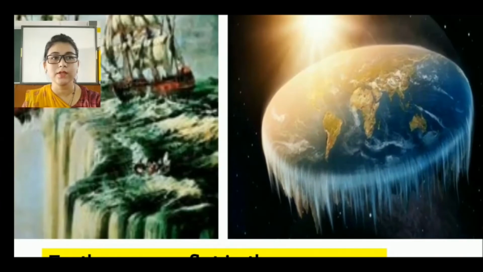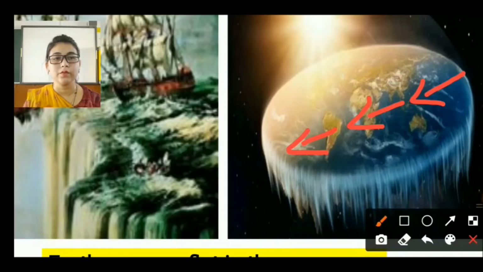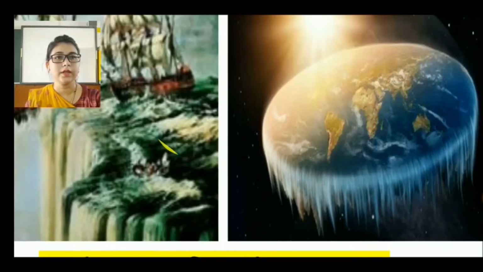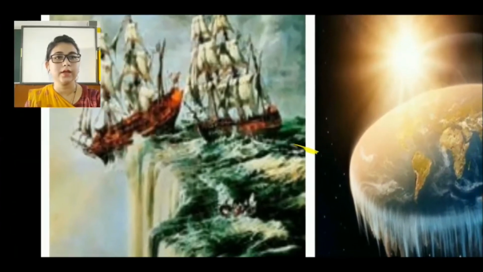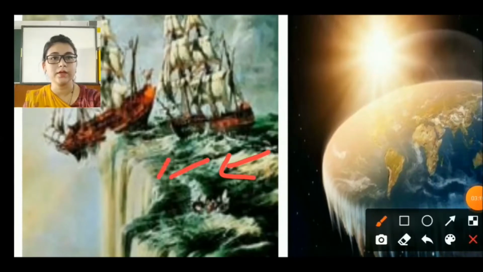They also thought that if they sailed in one direction, the edge of the earth would appear and they would fall off.